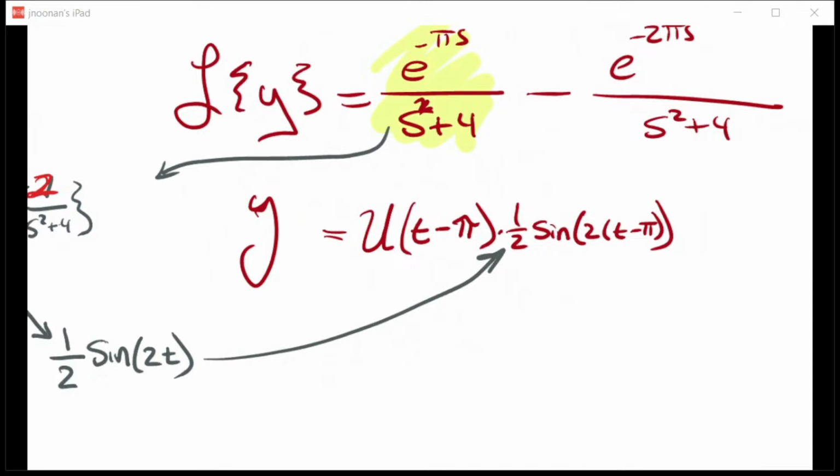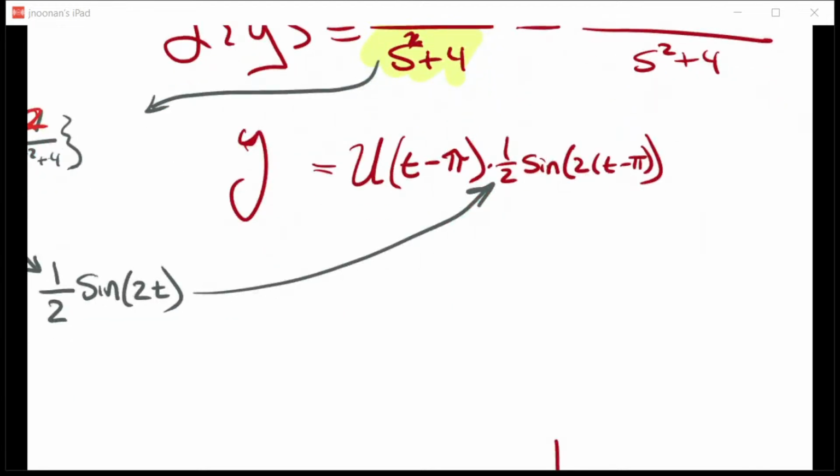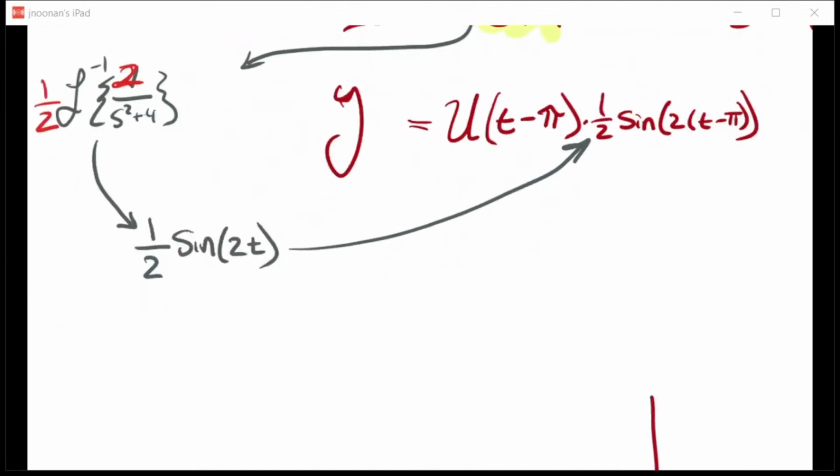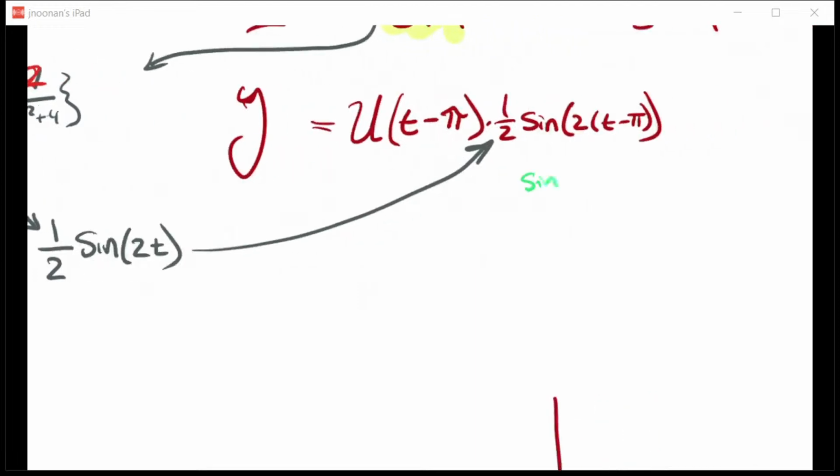So Roston's showing off like the back of the book does with his trig identities. This is bonus; you don't have to do it this way. This is sine of 2t minus 2 pi, and Roston recognized that, oh wait a sec, no, it's okay.